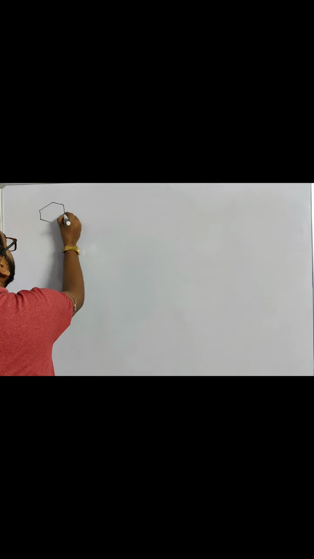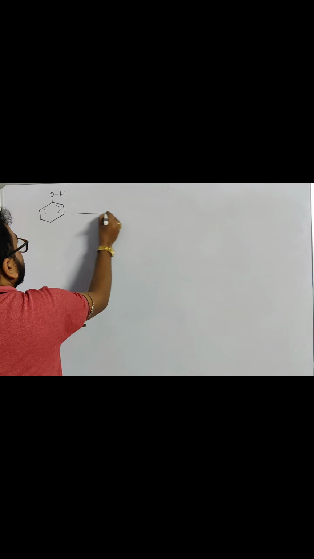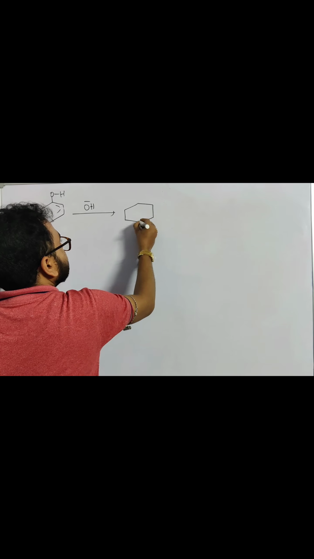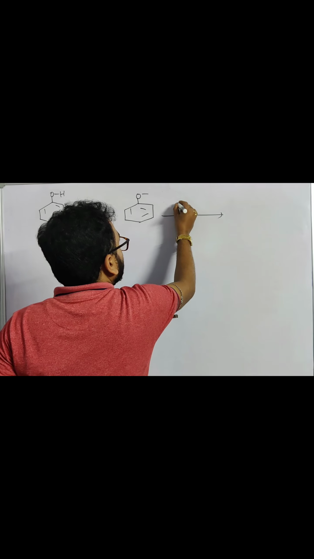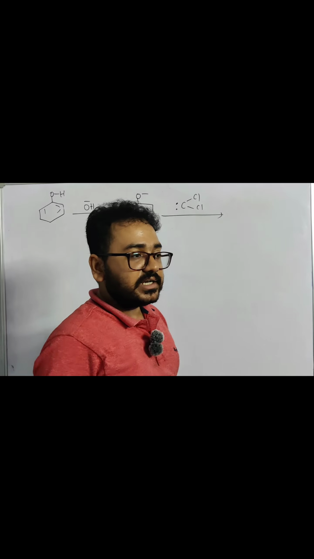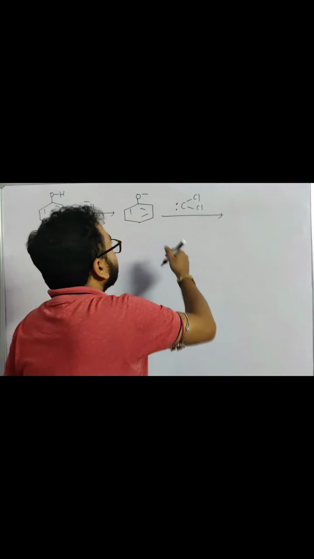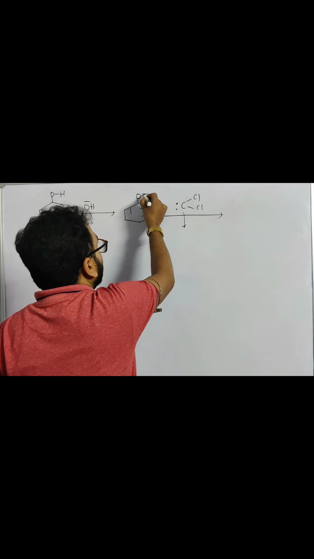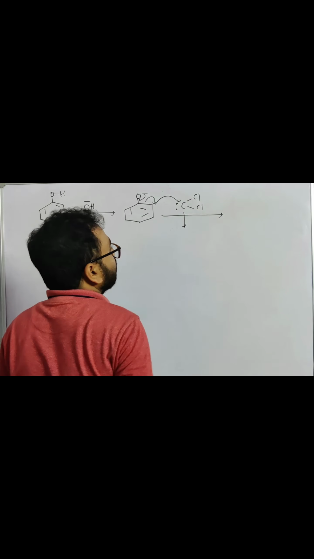The hydrogen of phenol is acidic. In presence of base, it will form phenoxide with resonance stability. Now the carbene is electrophilic in nature, short of octet. First of all, the arrow will move in this direction and it will attack the carbon.